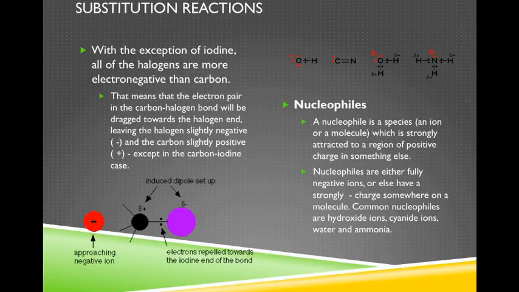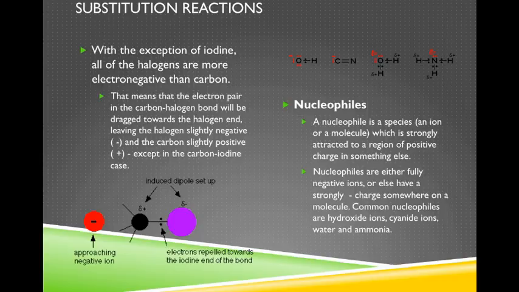In order to understand how haloalkanes react, we must understand a new type of reaction. This is called nucleophilic substitution. A nucleophile is a negatively charged object. In this case, we're going to talk about nucleophiles being ions, and one of them being a halogen, which, with the exception of iodine, all of the halogens, fluorine, chlorine, bromine, are more electronegative than carbon.